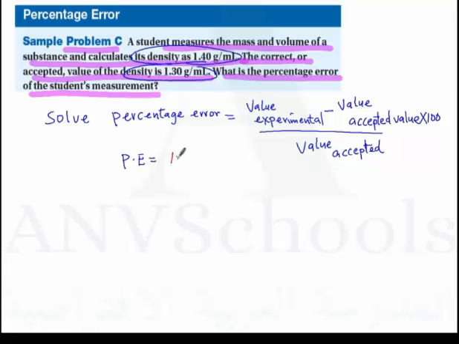So we have 1.40 grams per milliliter minus 1.30 grams per milliliter, divided by 1.30 grams per milliliter, multiplied by 100.